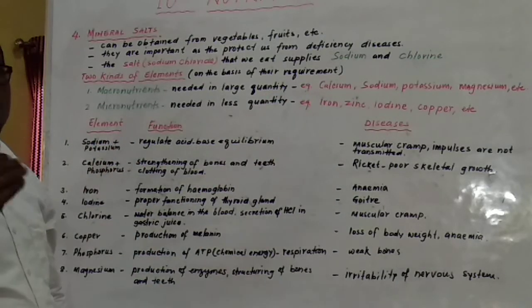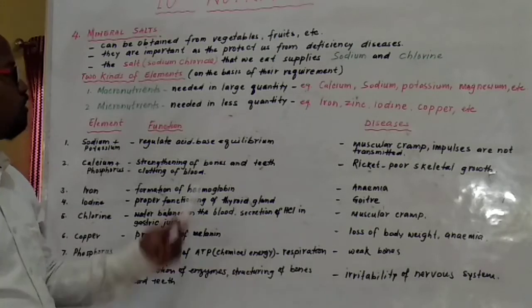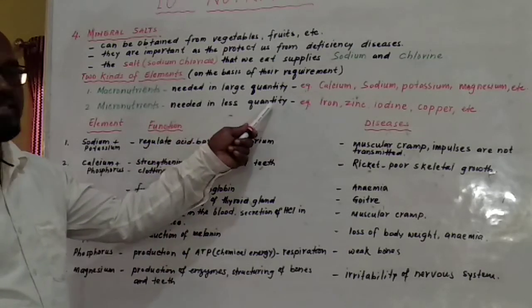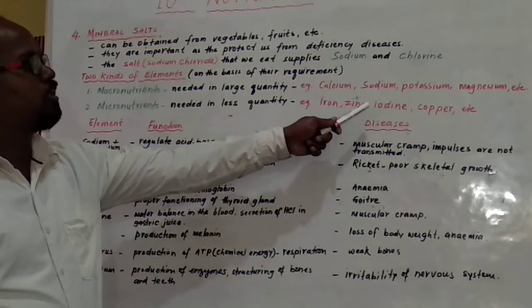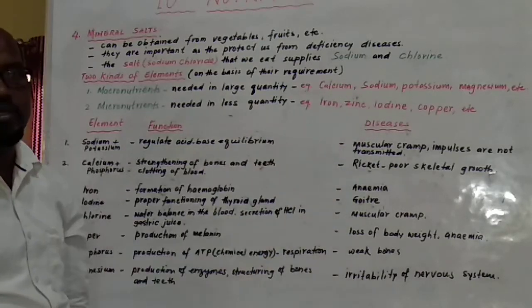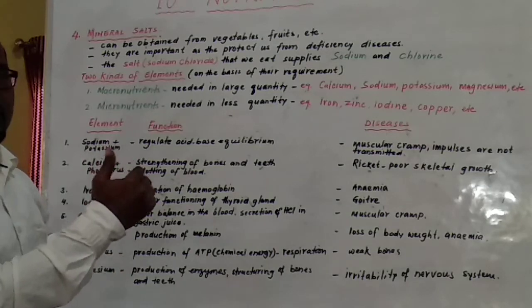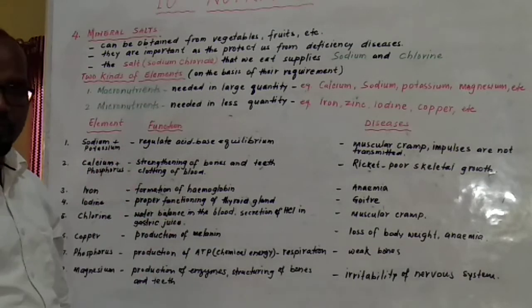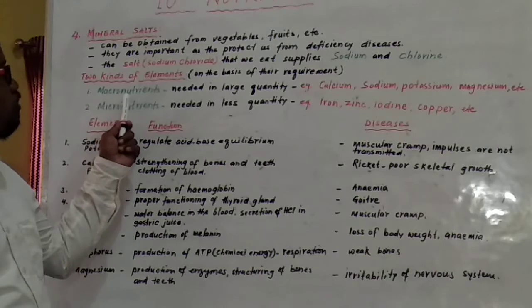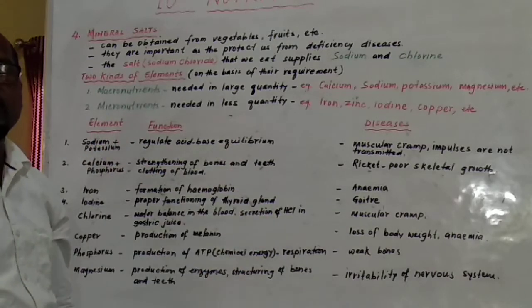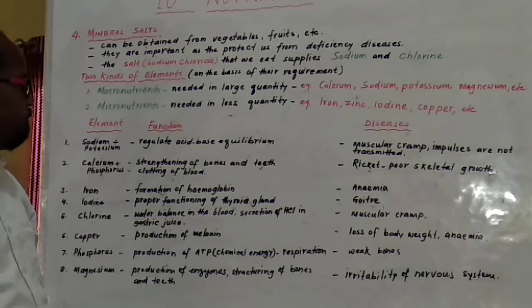Micronutrients are required in less amount, needed in less quantity: iron, zinc, iodine, copper, etc. In the table in your book, they are classified and given as macronutrients and micronutrients. They are listed, so you go through them.